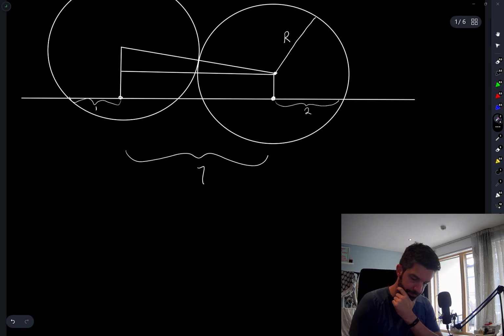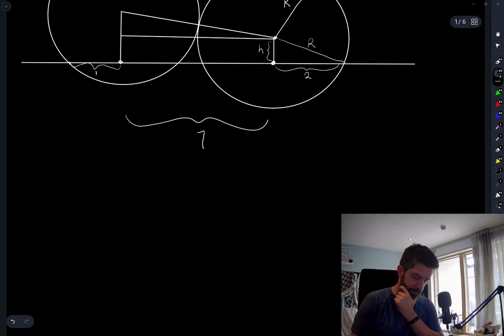Although that's r. Call this h. So I have r squared is equal to h squared plus 4.